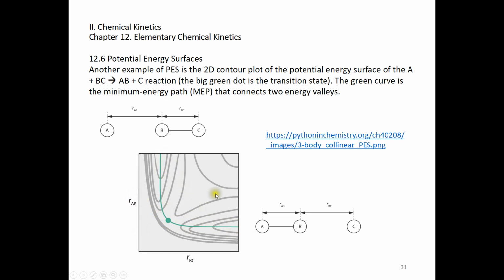There's an AB bond. And then how about BC? BC is large. So the BC bond is completely broken here. We have an AB bond. So this reaction can be described by this green curve that passes through the transition state, denoted by this green dot.